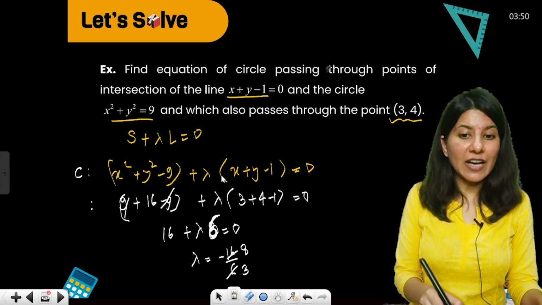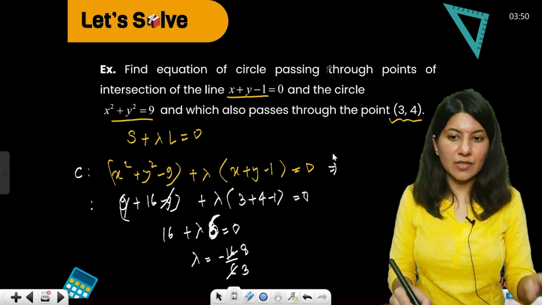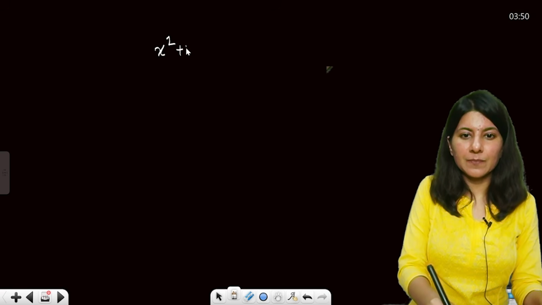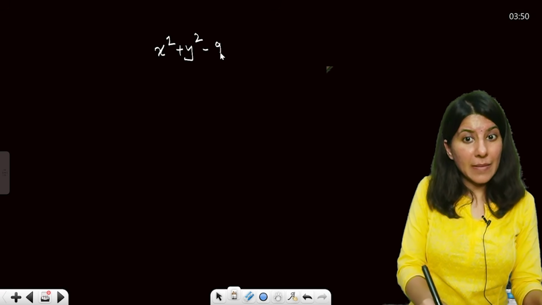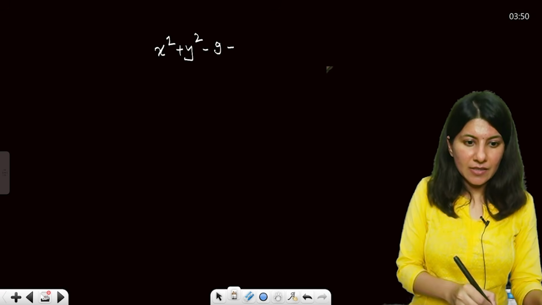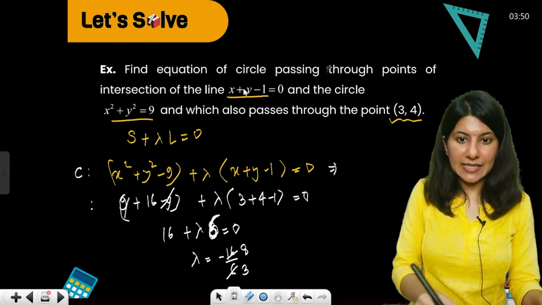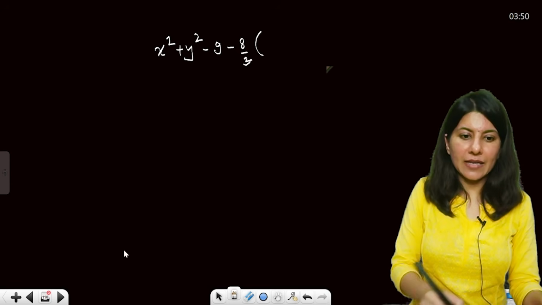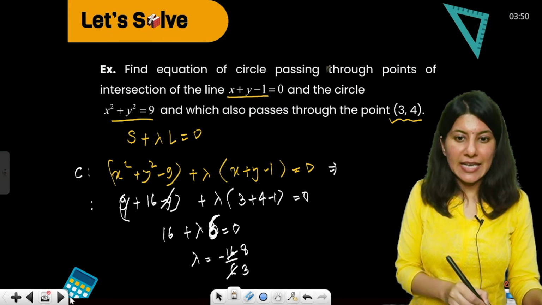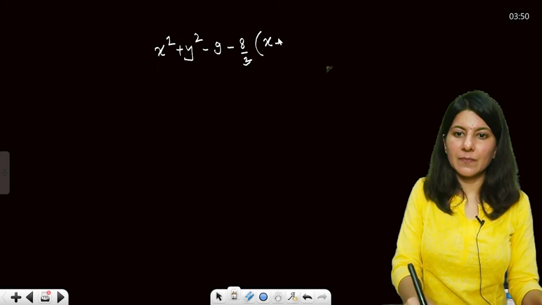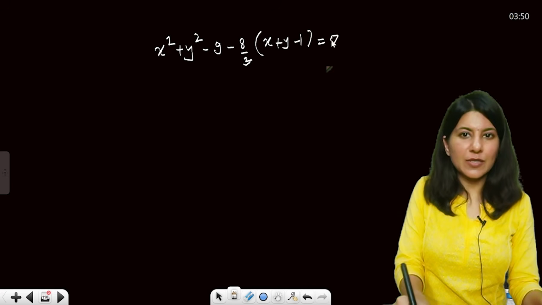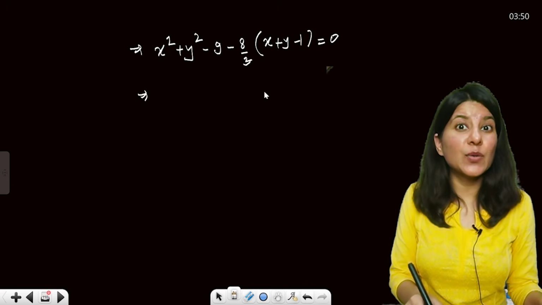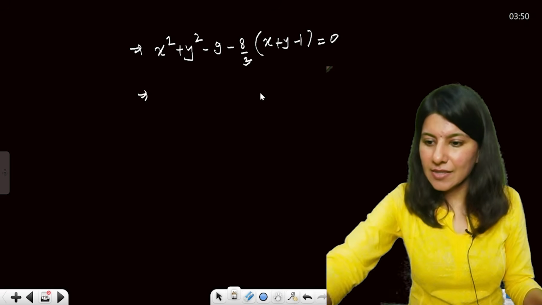Now you put the value of lambda here to get your circle. So your circle becomes x square plus y square minus 9, minus 8 by 3 times the line, x plus y minus 1, equals 0. If you solve it, you will get the equation of your required circle.